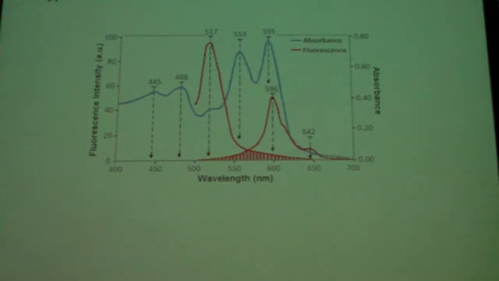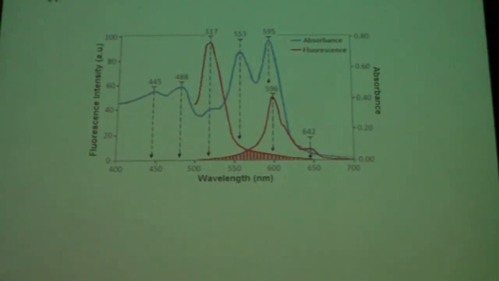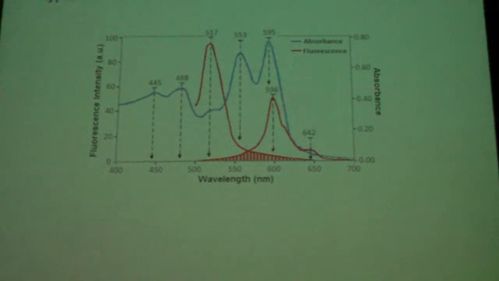We used two drugs, as I explained. One was non-toxic, the second one was the photosensitizer. Both drugs can be excited with 488 nanometer. Therefore, based on the spectra, we use this light for the excitation. And we have two emission peaks, one in the green region, the other in the red region.